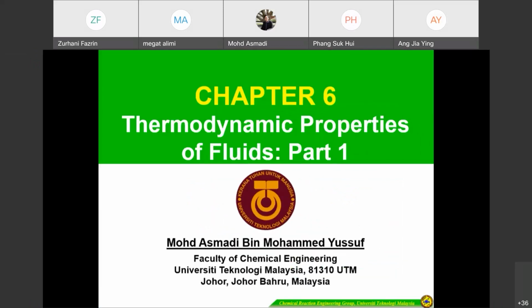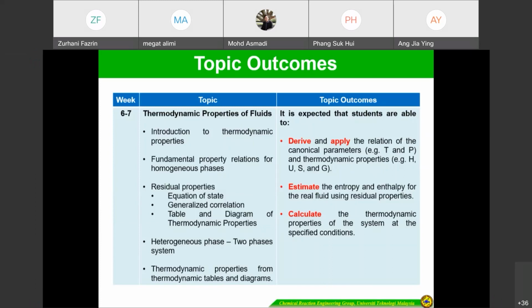Okay, for this part, I will explain for today, if possible, how to calculate the residual properties. I'm not sure whether it can be generalized or on the cubic equation of state.